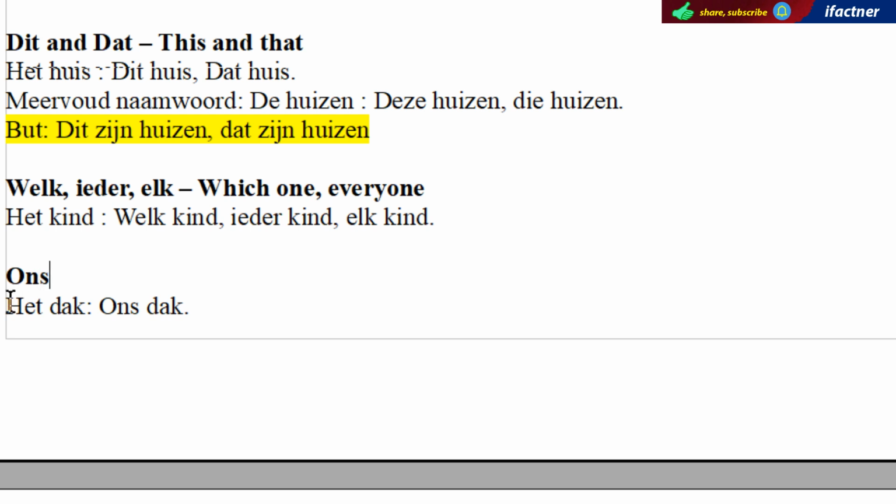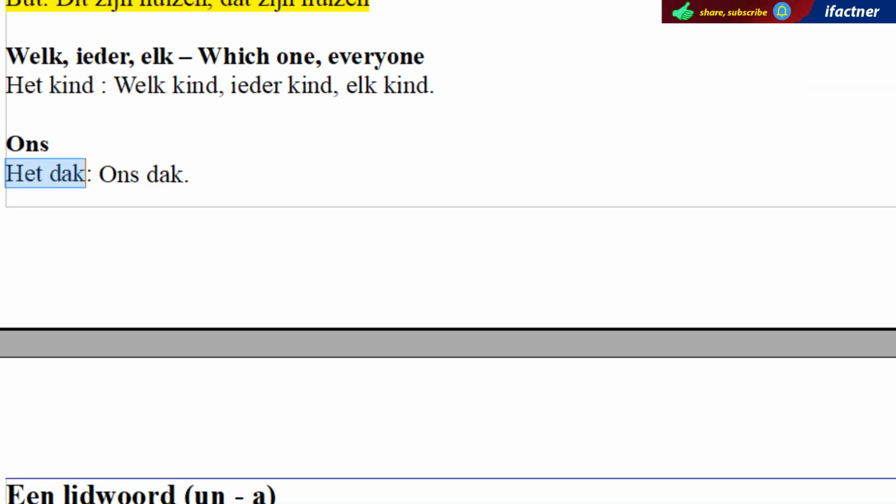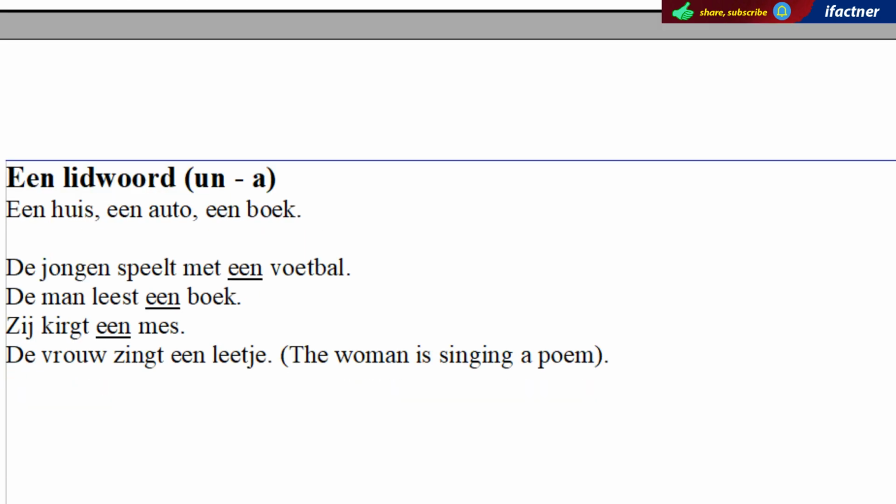So het dak, the dak is the upper side of your house, it becomes ons dak. Not onze dak, but ons dak, to refer to a dak.